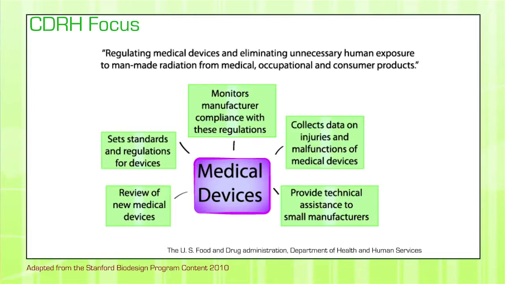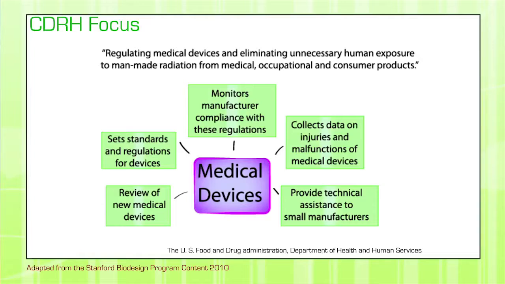In medical devices, the CDRH is responsible for pursuing five principal activities. First, they review all the cases of new medical devices submitted for commercialization in the US. Then it also sets the standards and regulations for these medical devices.